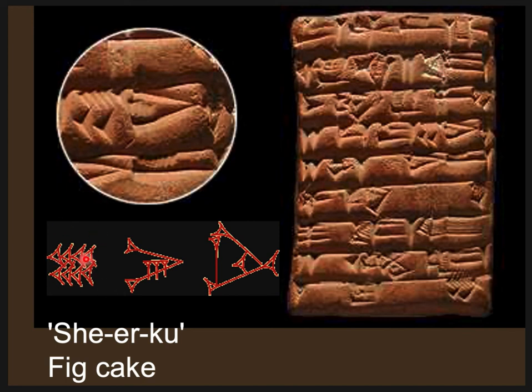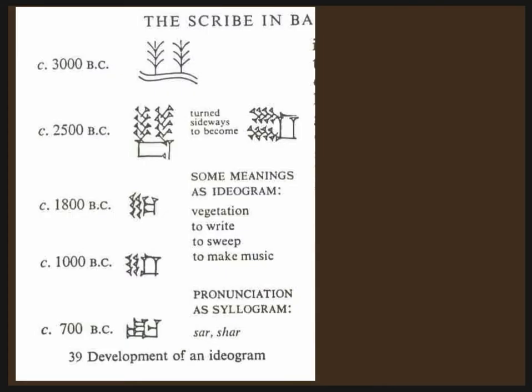It represents the sound of the word barley, she, which then combined with other characters sound out a word, she erku, fig cake. Right? So in this context, barley has no meaning. That is, the symbol for barley is just representing a sound, and the sounds put together spell out a word. And at this point, this is about 700 BC.